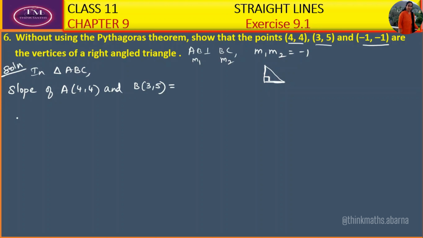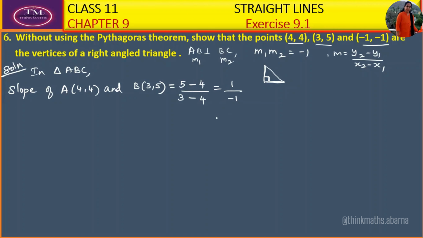So the slope formula is m equal to y2 minus y1 divided by x2 minus x1. Here y2 is 5 minus y1 which is 4, divided by x2 which is 3 minus x1 which is 4. So 5 minus 4 is 1. 3 minus 4 is minus 1. So 1 divided by minus 1, we have minus 1.